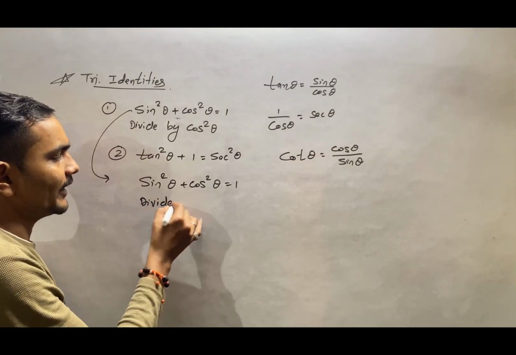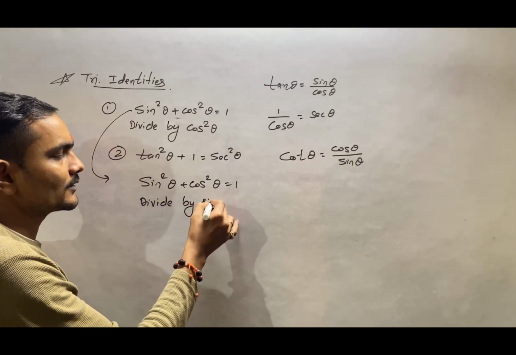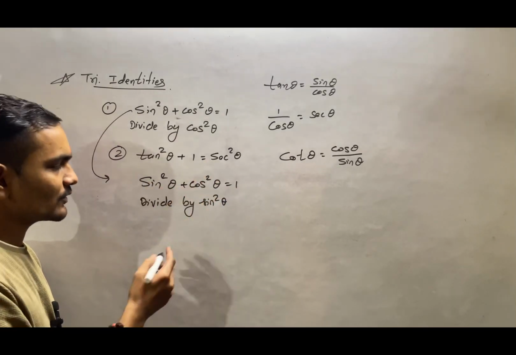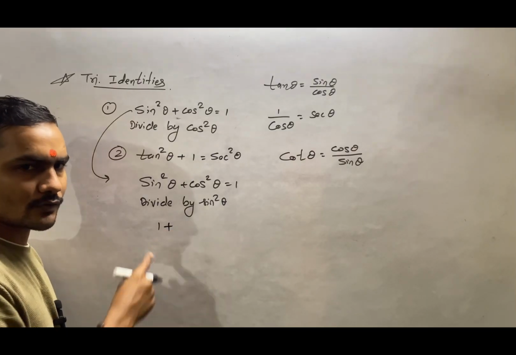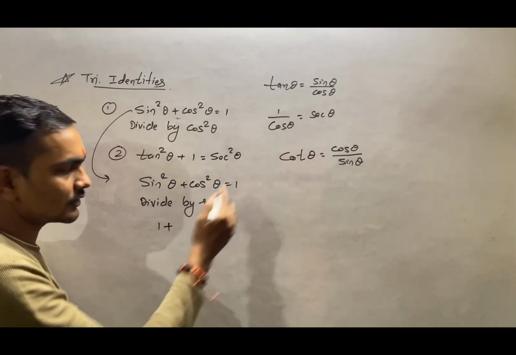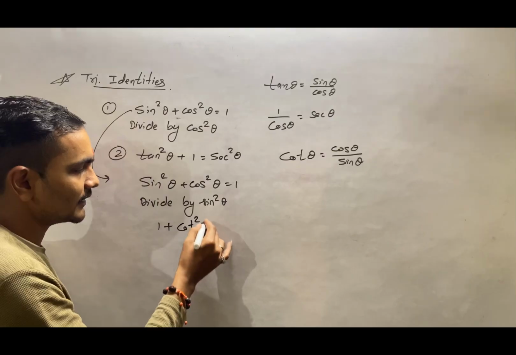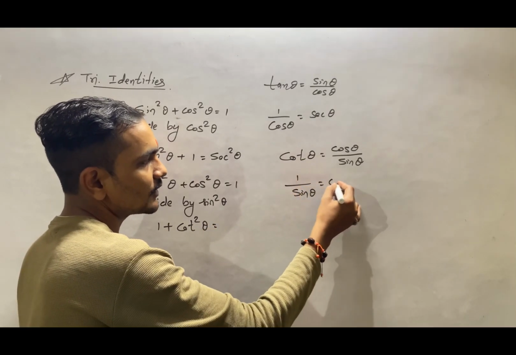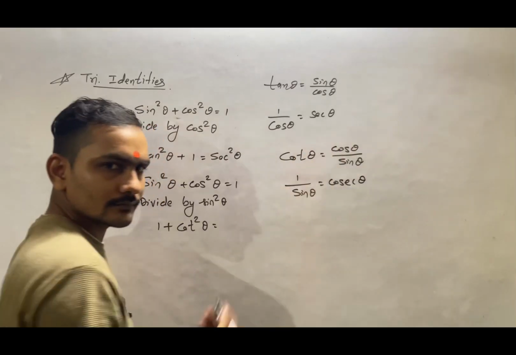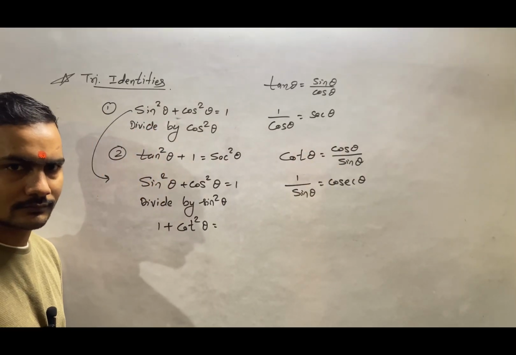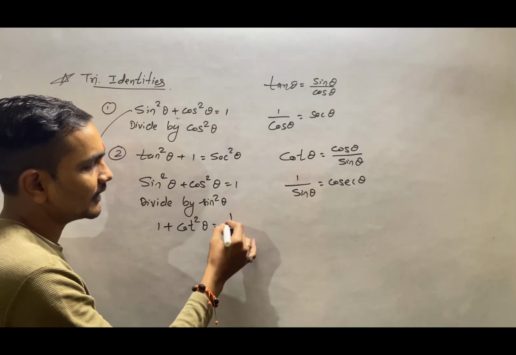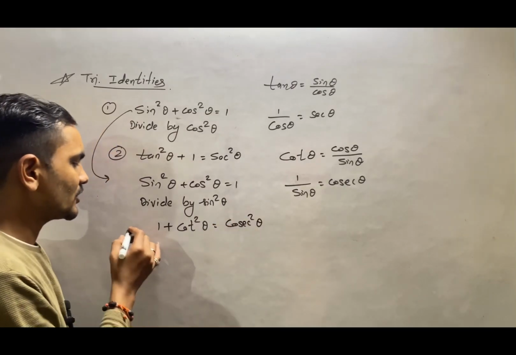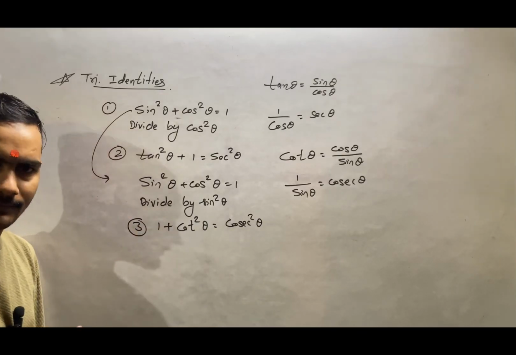Sin square theta over sin square theta gives 1, plus cos over sin, which we know is cot, so cot square theta. And as we know 1 over sin theta equals cosec theta, so 1 over sin square theta we can say cosec square theta. This is our third identity.